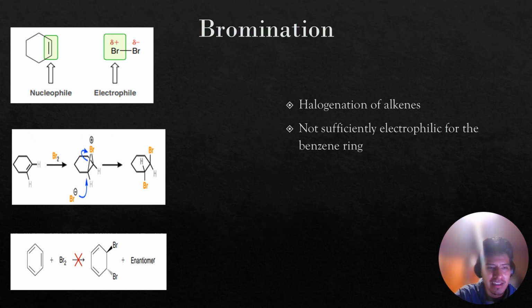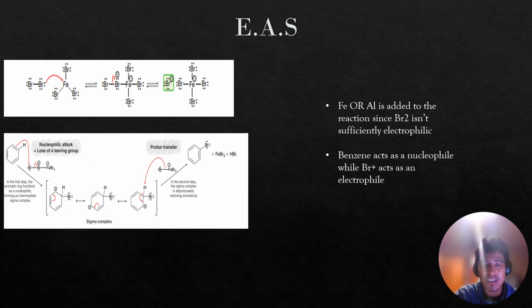In order to make Br2 sufficiently electrophilic, we could add iron. In this case, if we were to add a chlorine atom to a benzene ring, we could use aluminum, but they both essentially do the same thing.